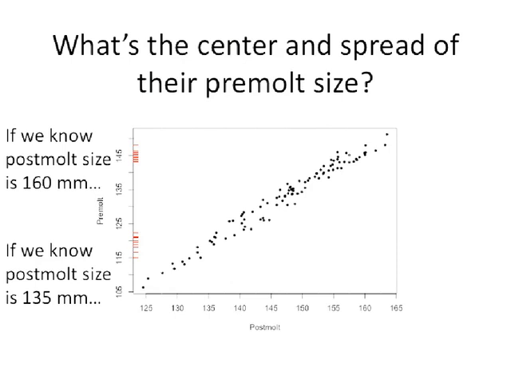So who wants to venture an estimate of the center of the pre-molt size for crabs who are 135 millimeters in their post-molt size? And attach a spread to it.